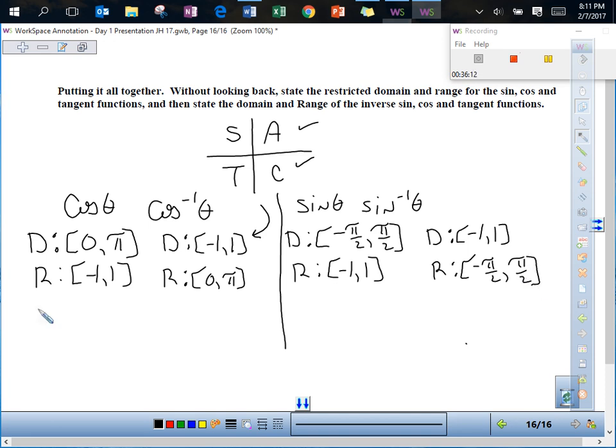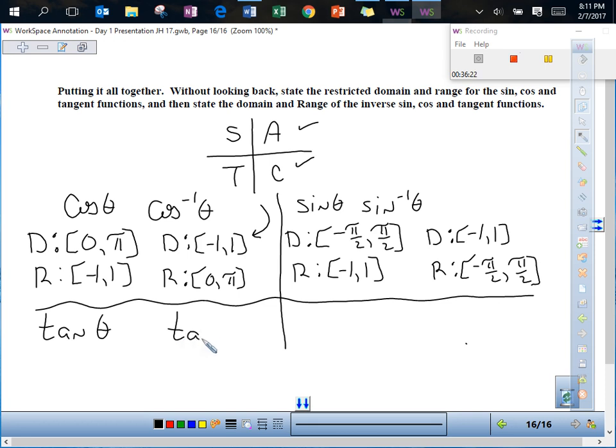Okay. And then last but not least, let's talk about the tangent and the inverse tangent. Tangent's got to definitely use the first quadrant, and it's got to use the fourth quadrant because of this asymptote right there.